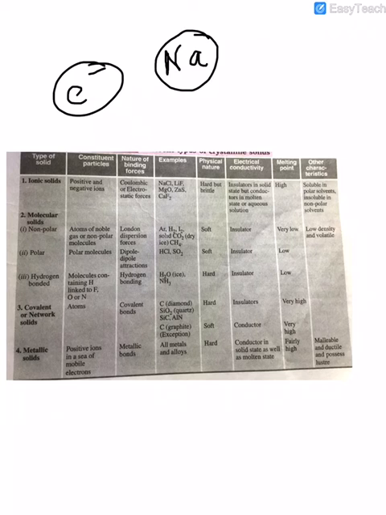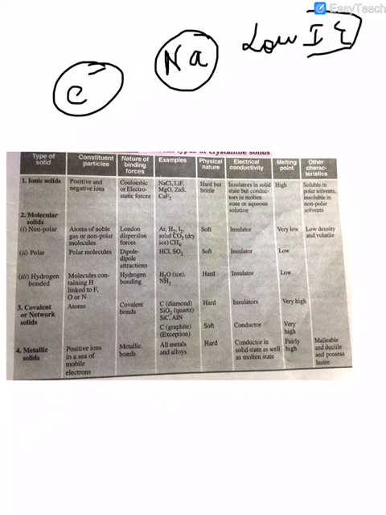Now our third solid is metallic solid. Metallic solids are made up of positive ions with free electrons. These metals have free electrons. If I'm talking about sodium metal, it has very low ionization energy.